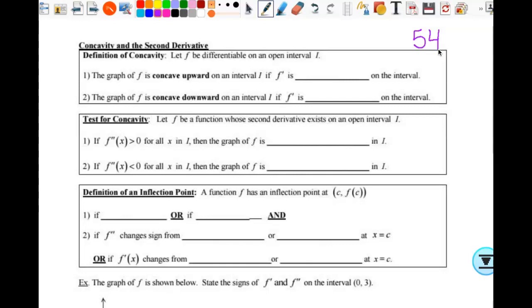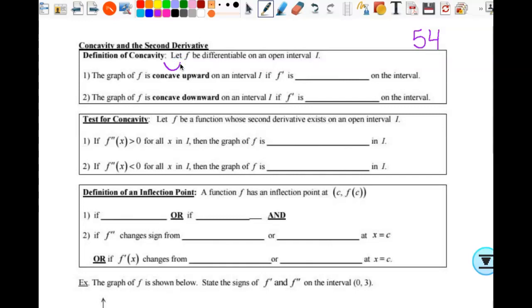Okay. So, concavity. Listen, we want to know what it looks like visually, but we also need to know what it looks like algebraically. So, the graph of f is concave upward. Concave upward basically looks like that. It's concave up, like a cup, like it can hold water, right?